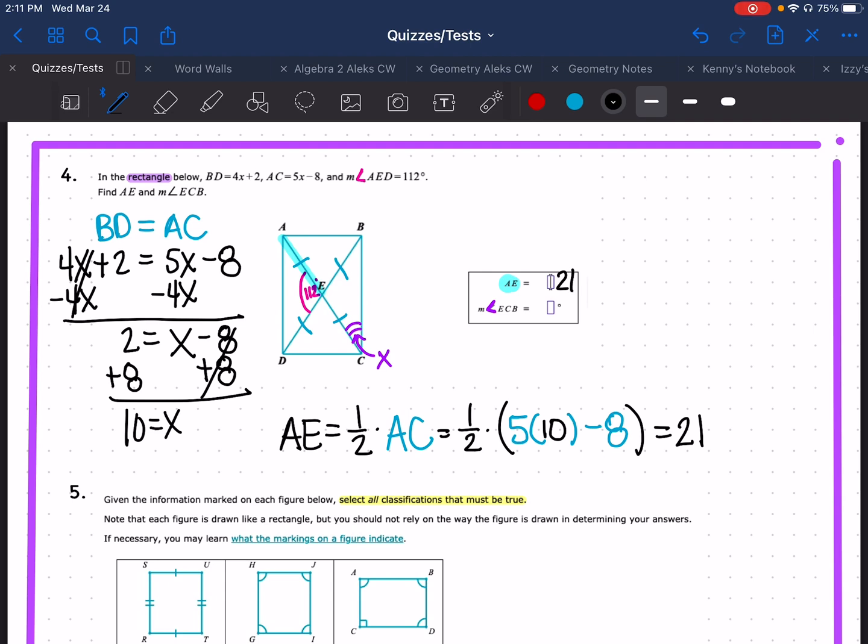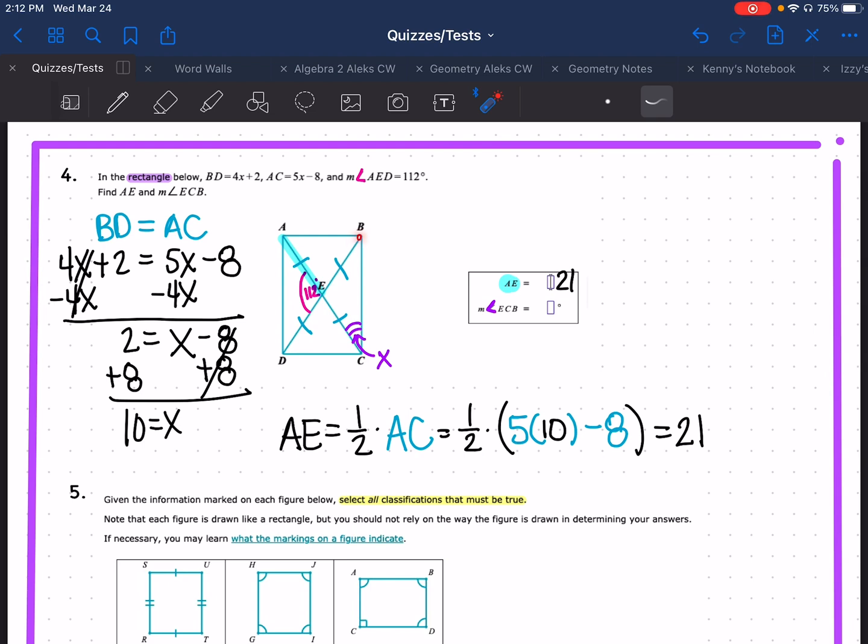All right. Now, they gave me angle AED, which is this angle in the pink right here in the center. And then they asked for angle ECB, which is the purple one right here in the corner. Just like in the last rectangle, I know that this is 90 degrees, and I know that this is 90 degrees. I also know that A and D are 90 degrees as well.